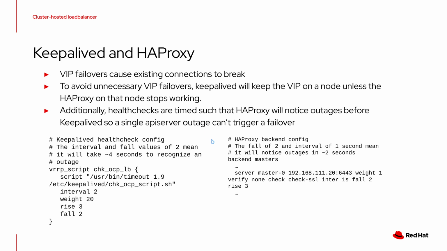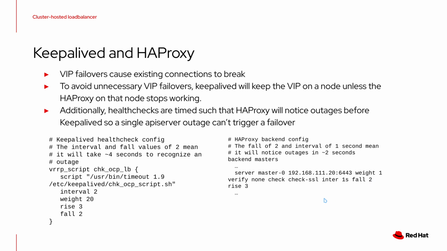Additionally, the health checks are timed so that HA proxy is going to handle outages before keepalive notices them. So you can see the snippets from the config down here, and the interval on the keepalive health checks is 2, so that will run every 2 seconds, and the fall value is 2, which means that it has to fail twice before keepalive will trigger a failover. And then you can see in HA proxy our interval is 1 second with a fall of 2.